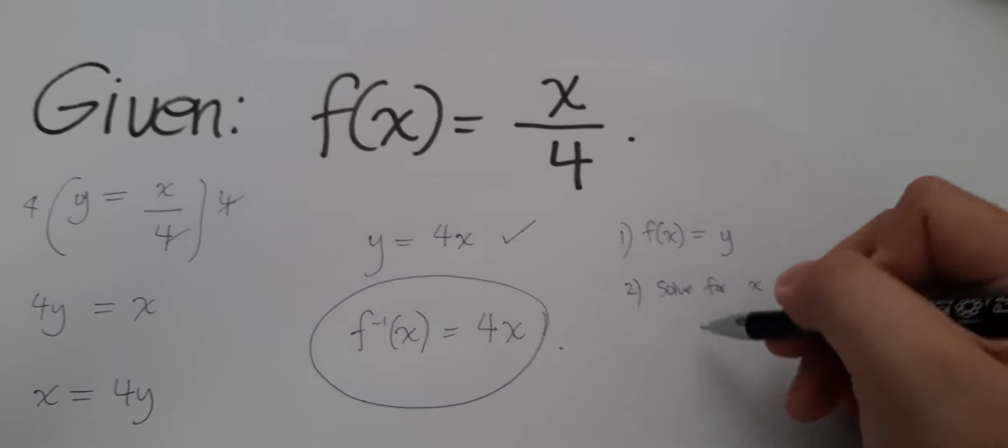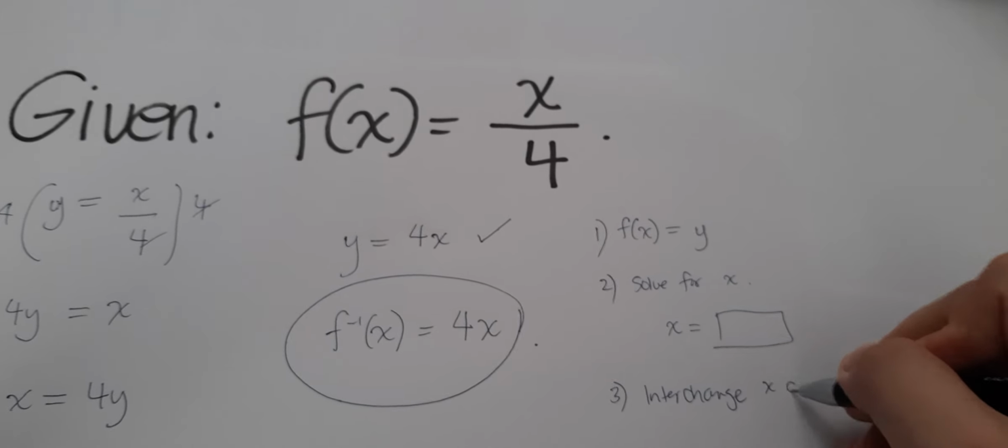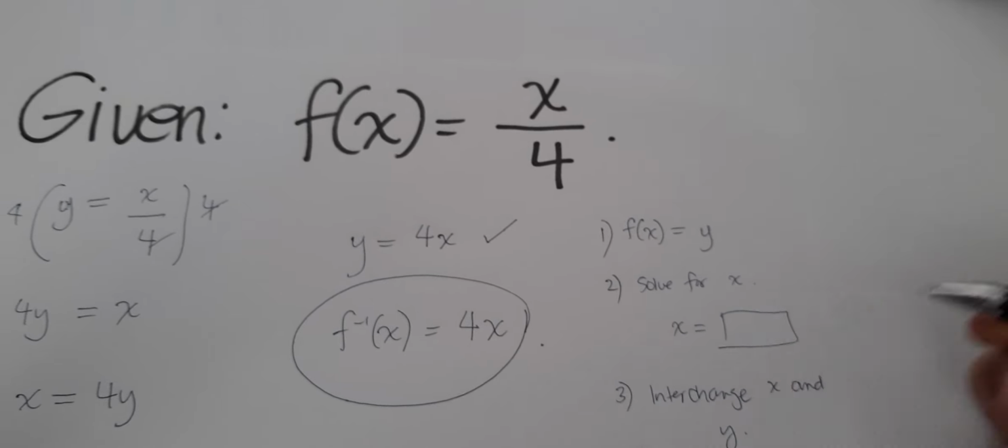And then third, you interchange x and y, meaning x becomes y and y becomes x. And the result will be your inverse function. So after you follow these three steps, you will obtain the inverse of the function.